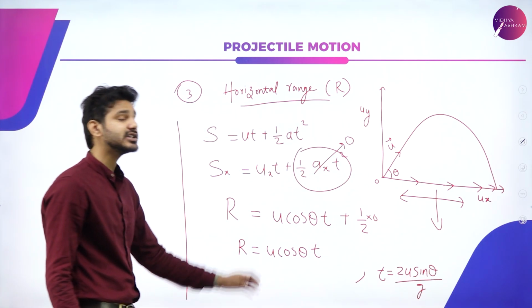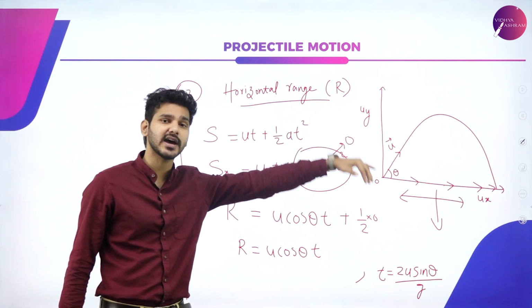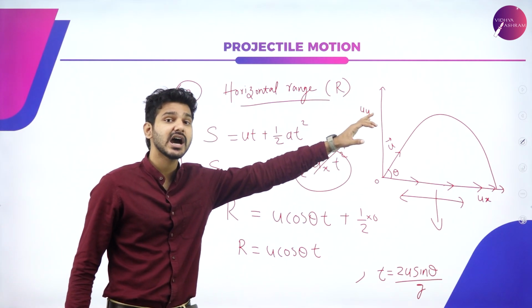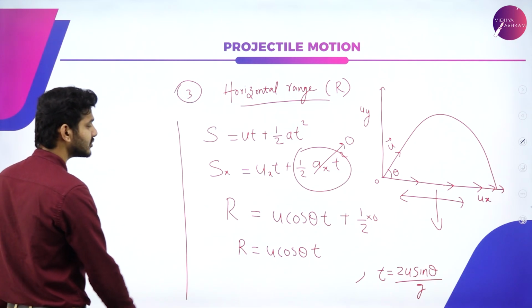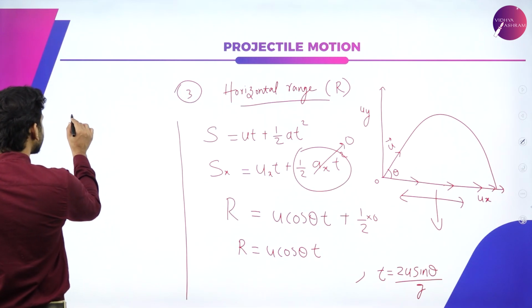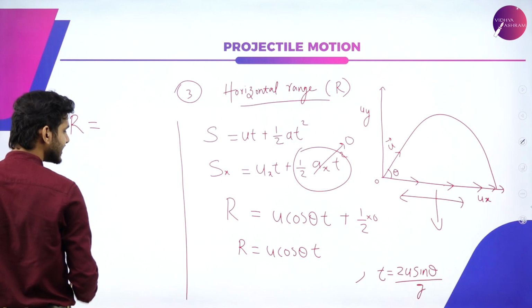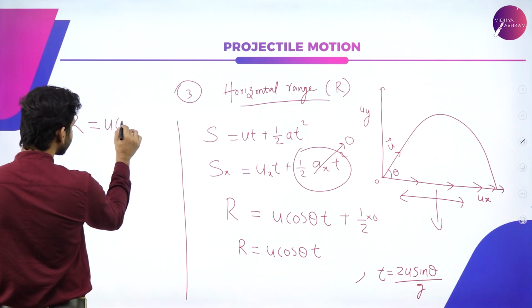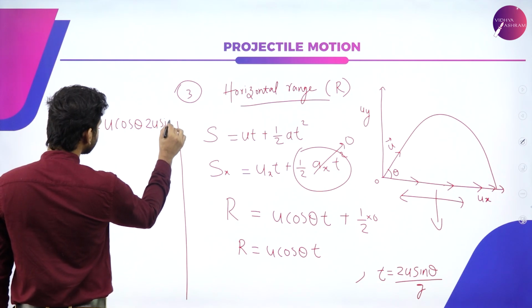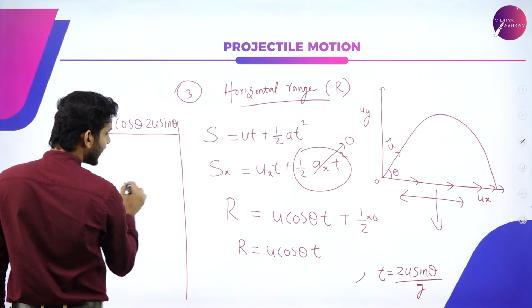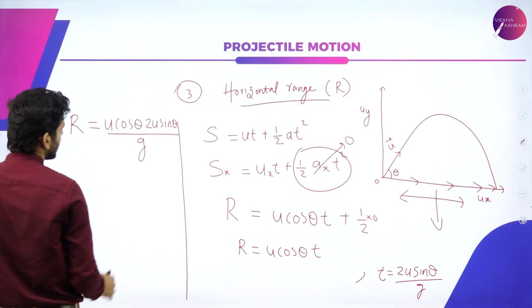That is, the time taken to reach there is nothing but the time of flight, how long it traveled until it reached its very end on the ground. So time of flight is 2u sine theta by g. When we substitute that, we will get R is equal to u cos theta into 2u sine theta divided by g.